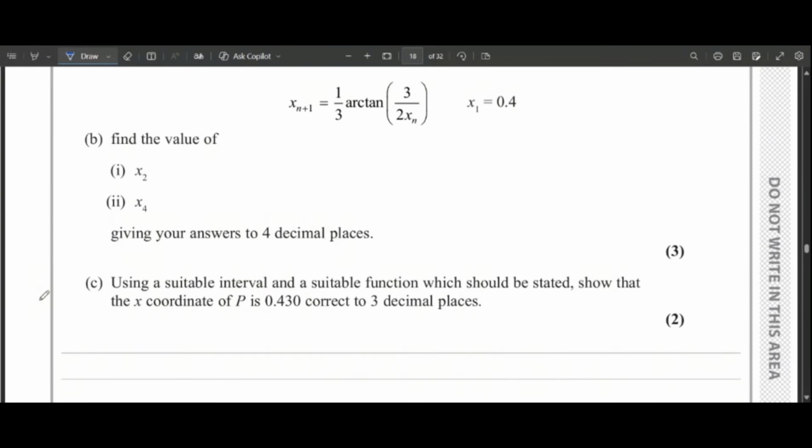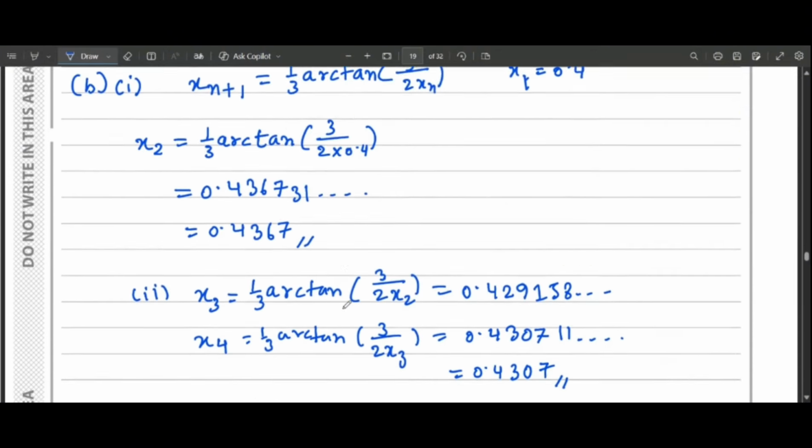Now for part C. For part C, we have to use a suitable interval and a suitable function which should be stated to show that the x coordinate of P is 0.430 correct to 3 decimal places.